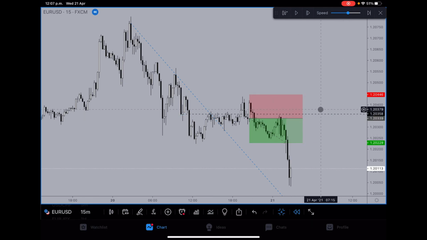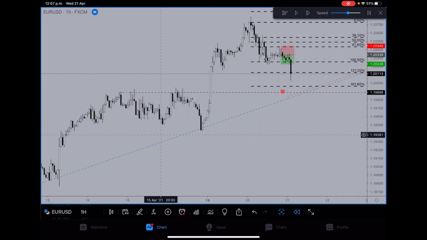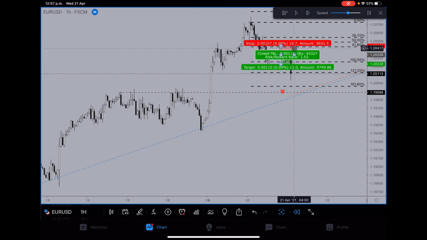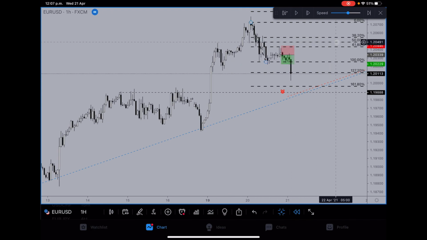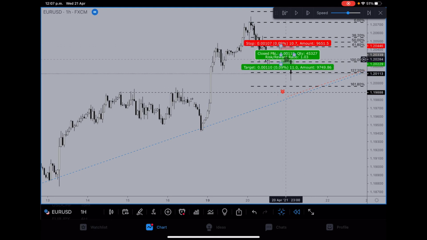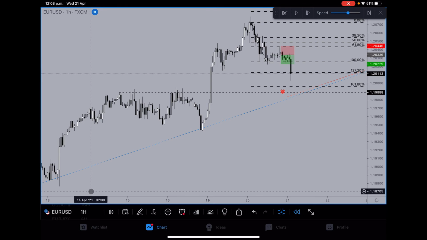But I think it was a pretty decent way to manage the trade, because in the 1 hour I was expecting to reach at least the 50%. I was expecting maybe a push here at least, to make sense of this wave, then push down, but we didn't make it, so we pushed down from here.